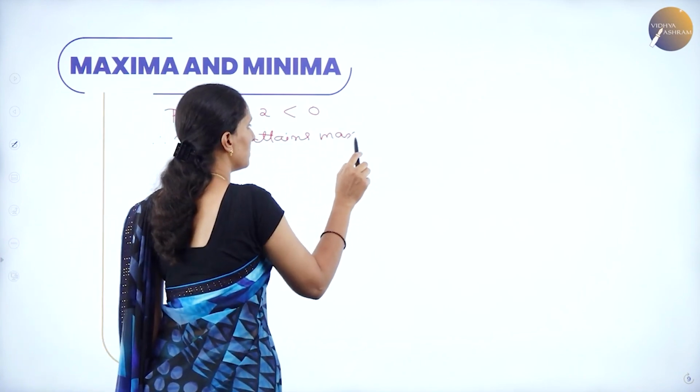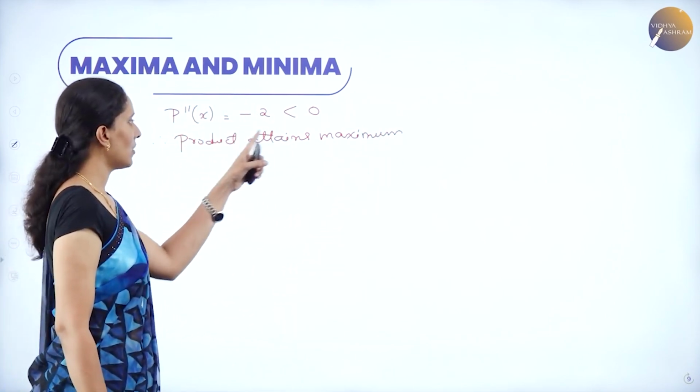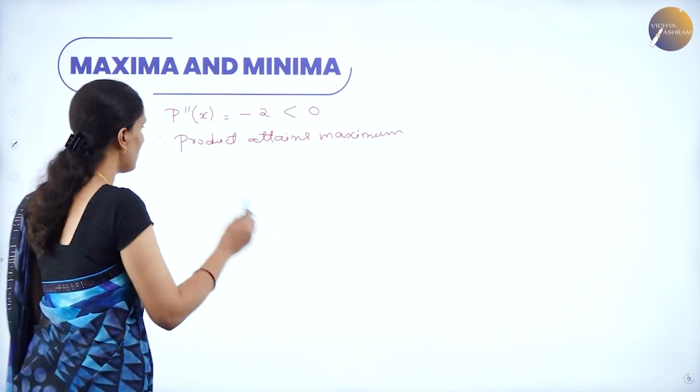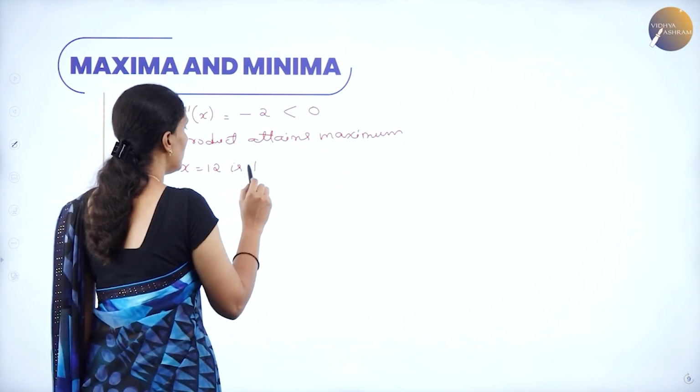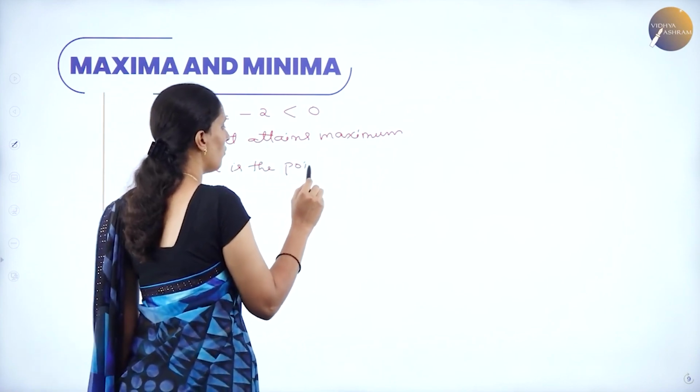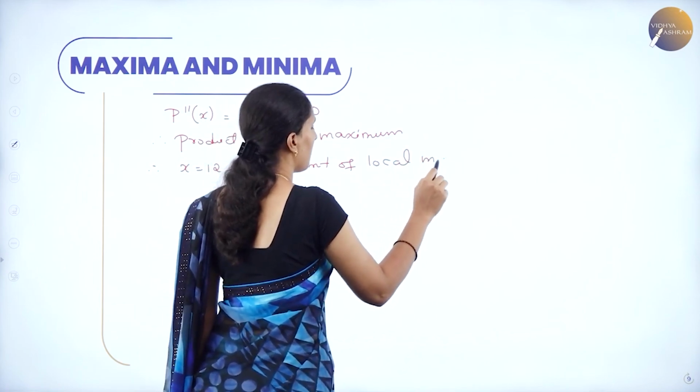Since the second order derivative is less than 0, we get the function is maximum. So, therefore, x is equal to 12 is the point of local maxima.